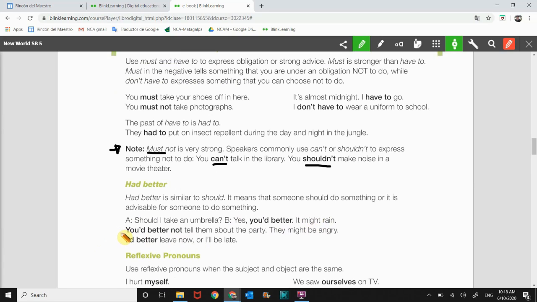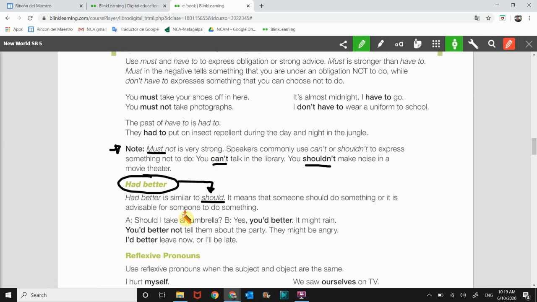You had better not tell them about the party. They might get angry. You'd better not means you shouldn't. And then this last one, I'd better leave now or I'll be late. I had better, I should. So when you see had better, you should think should. Just like that. All right.